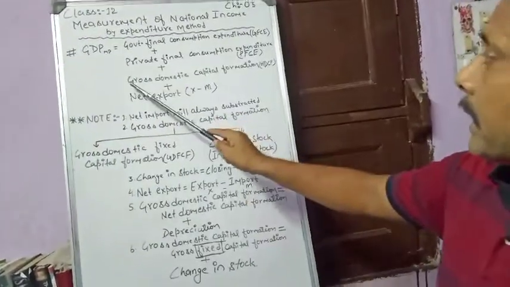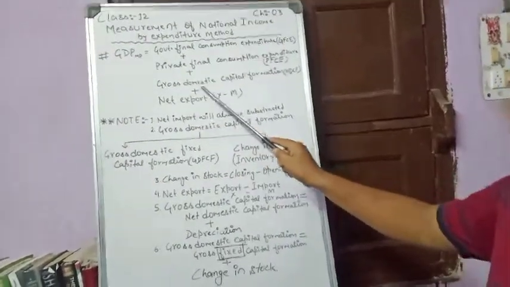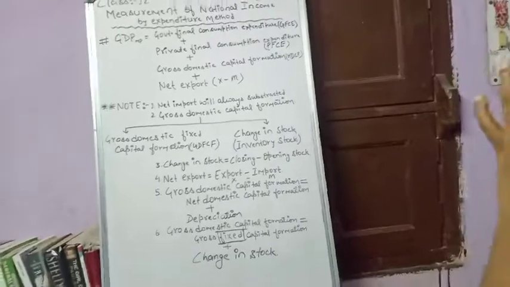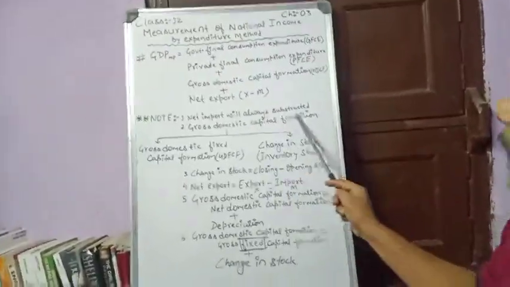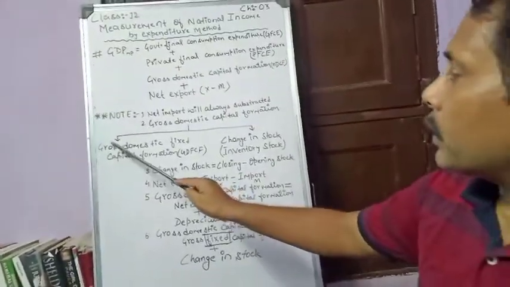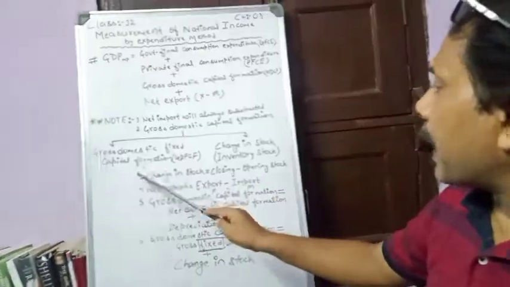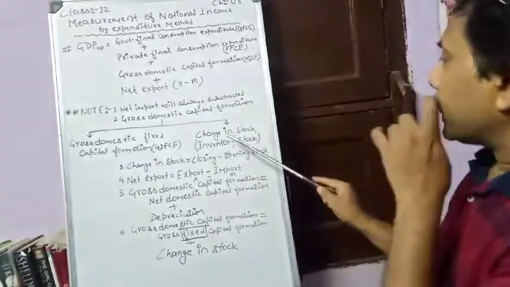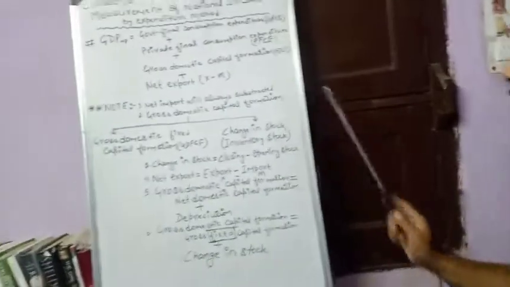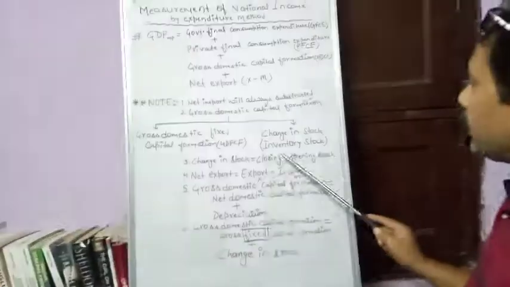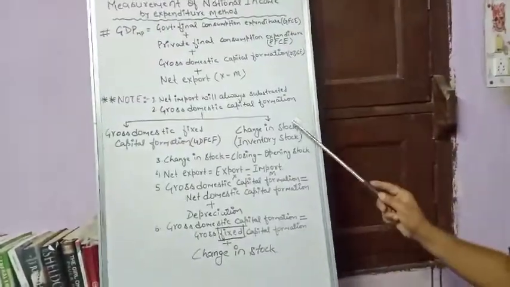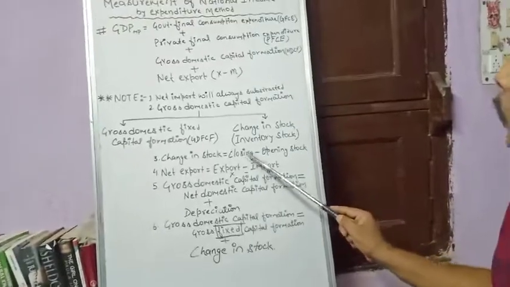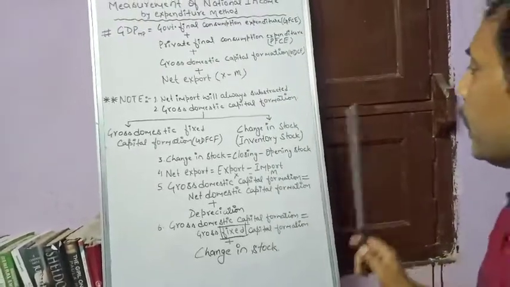Now the third component is gross domestic capital formation. It has two main components. First is the gross domestic fixed capital formation, and second is the change in stock, which is also known as inventory stock. Change in stock is closing minus opening stock.